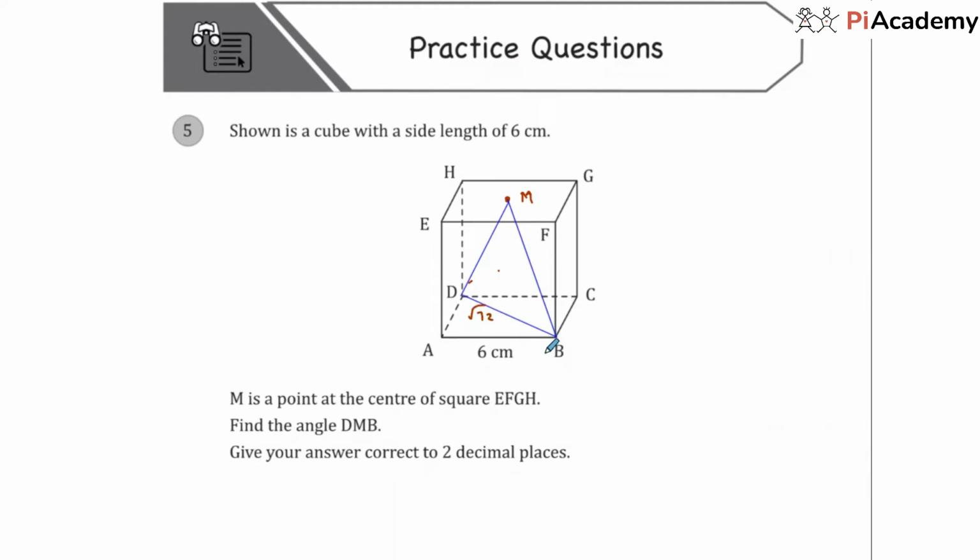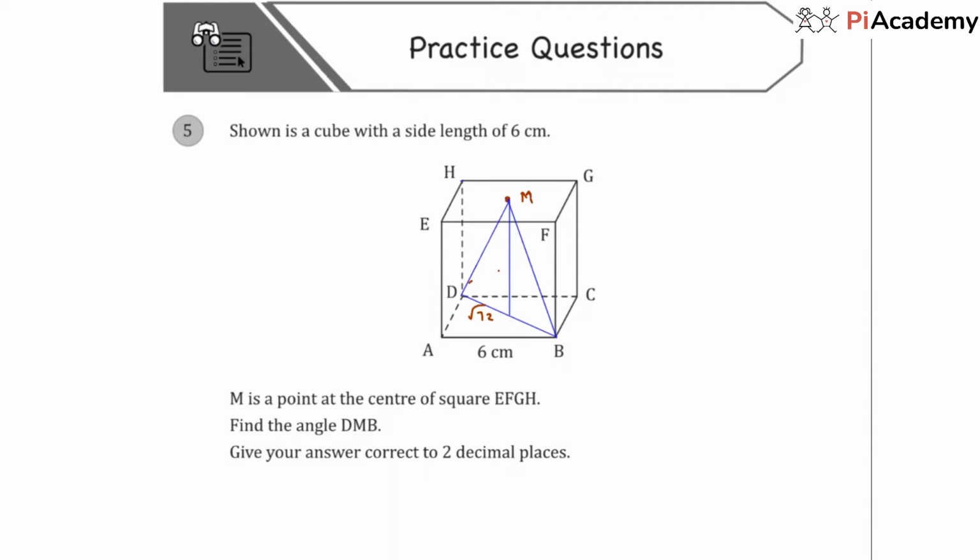Since M is at the center of the square, if you draw a line down, you can do square root 72 divided by 2. If you draw a line from M down, you can have 2 right angle triangles, I think. Will the height from the center to the top be the same as the length BF?